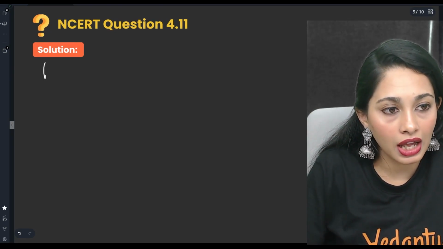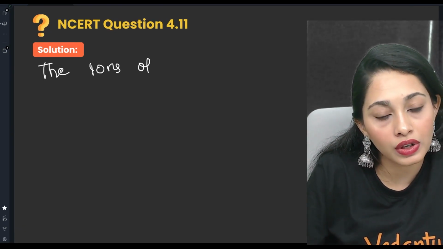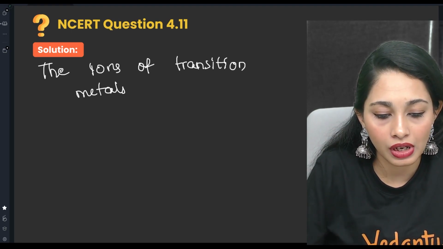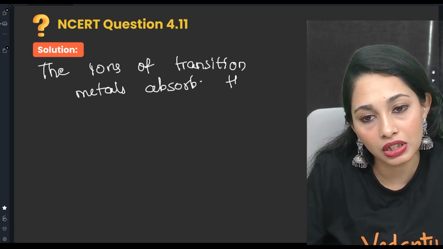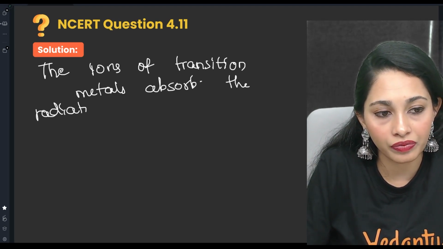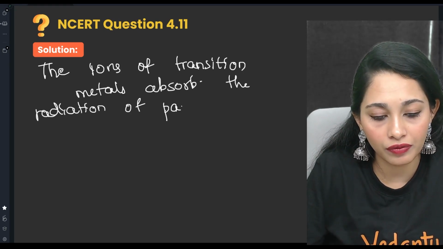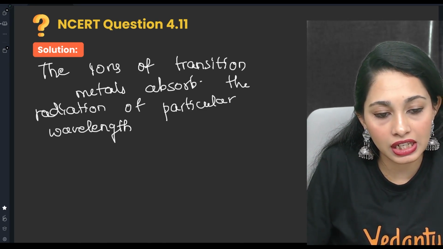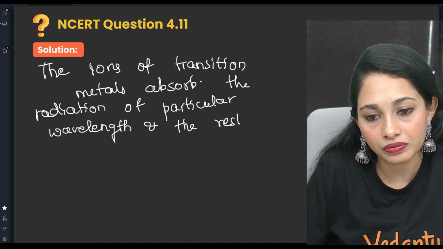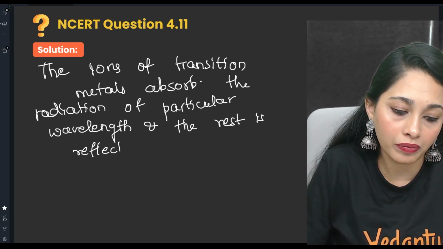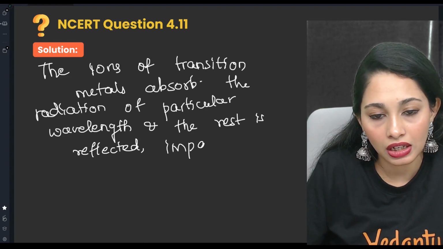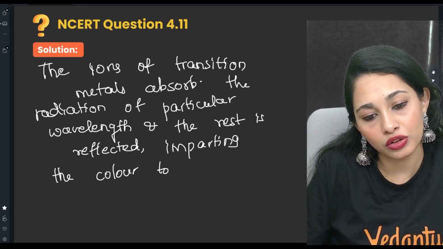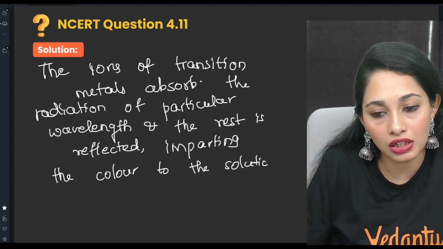Thus, the ions of transition metals absorb the radiation of particular wavelength and the rest is reflected, imparting the color to the solution. Different complexes exhibit different colors in the solution.